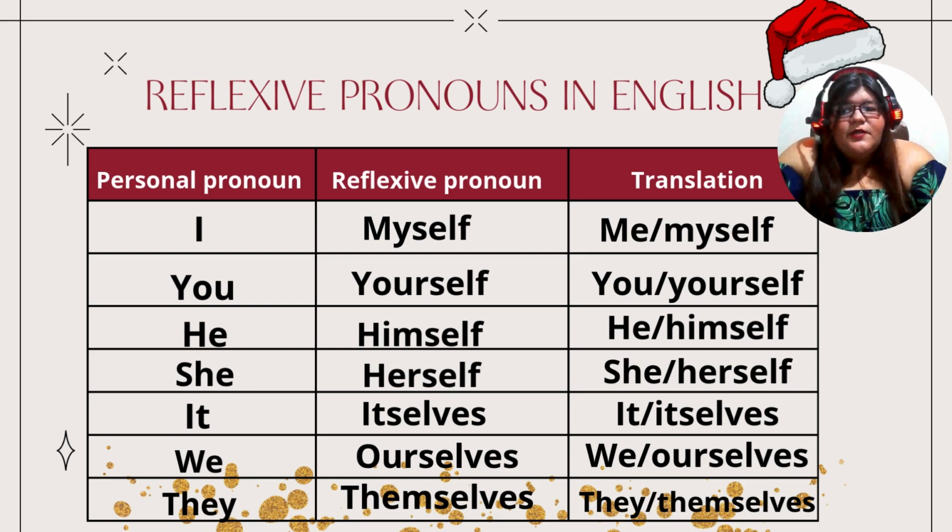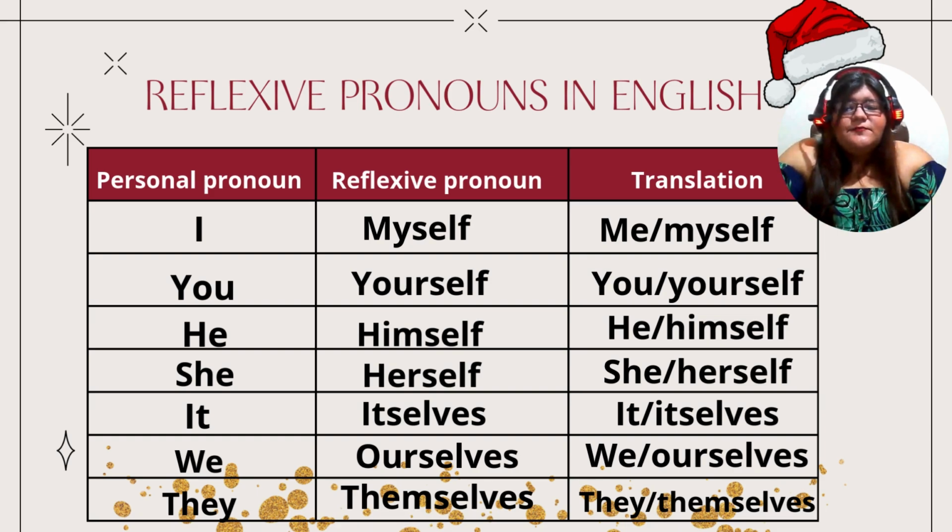The reflexive pronoun of I is myself, of you, yourself, of he, himself, of she, herself, it, itself, we, ourselves, and they, themselves.